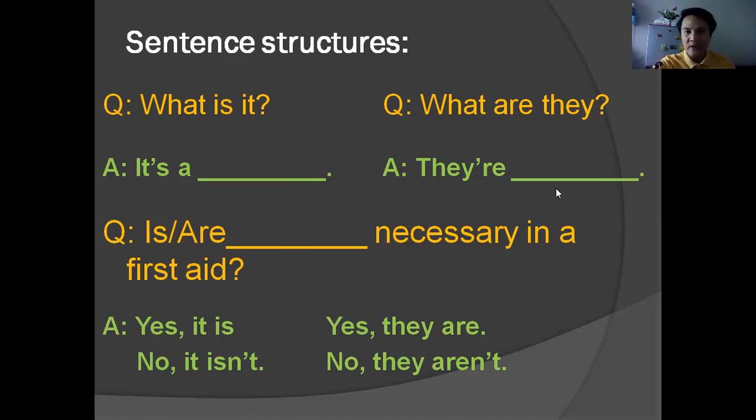If you use are, yes they are, or no they aren't. Is it necessary? Do we need it? If yes, yes it is, yes they are. If no, no it isn't, or no they aren't.